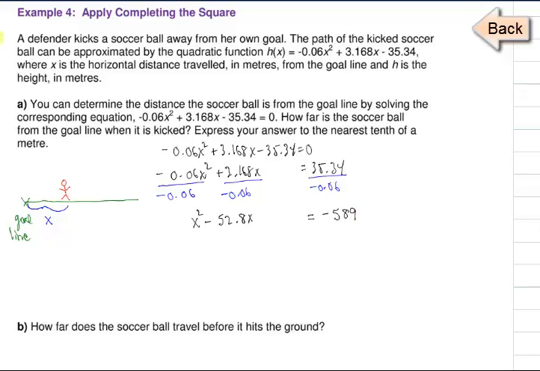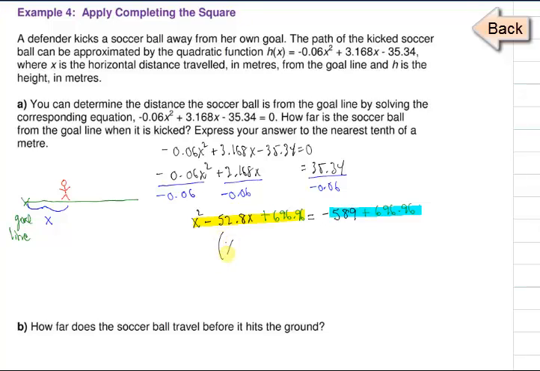My next step, I'm going to complete the square. So I want half of 52.8 and then square it. That will give you 696.96, and you're going to add that to both sides. We are going to factor our trinomial and combine what is on the right.